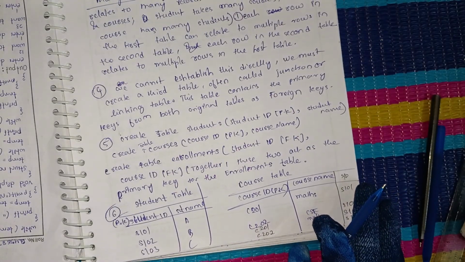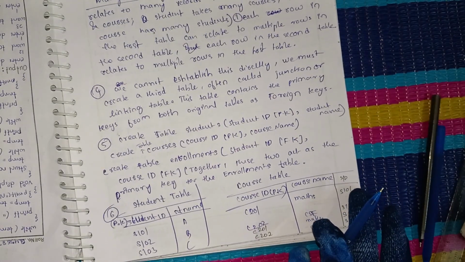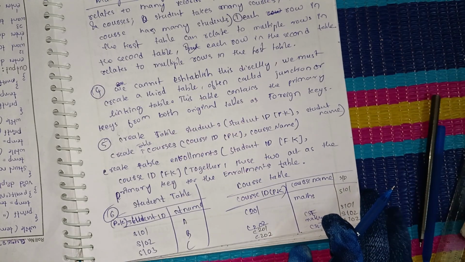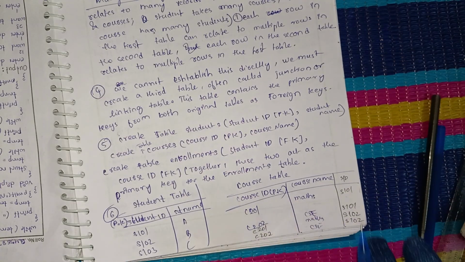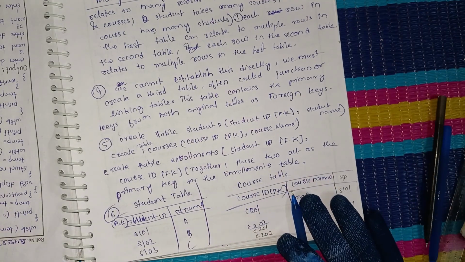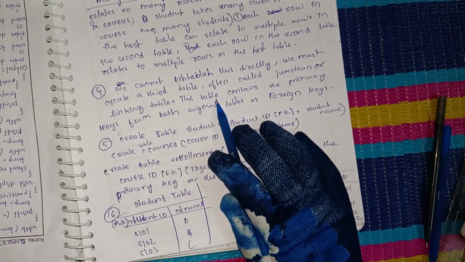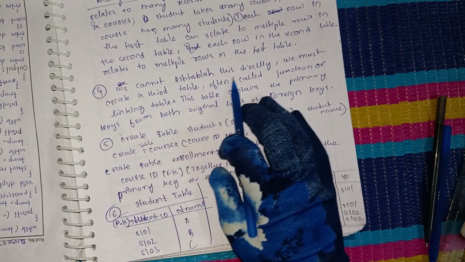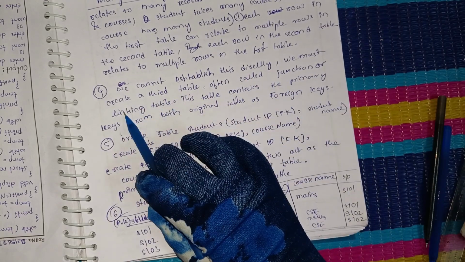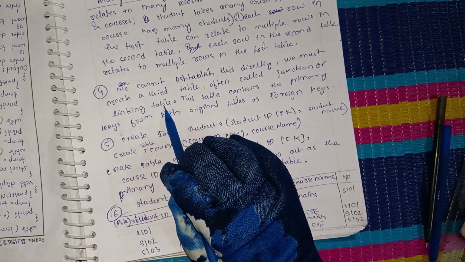So to overcome that we need a third table. We can't establish this directly, we must create a third table, often called a junction or linking table.